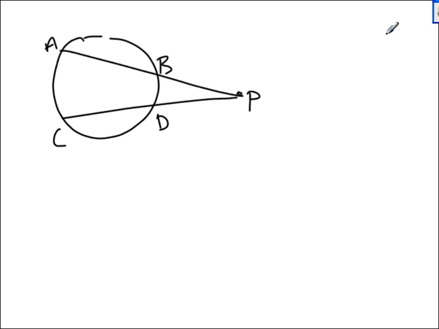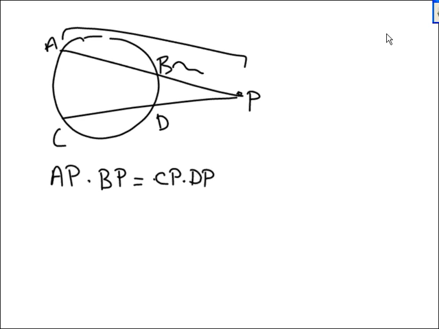Always deal with P. AP times BP is equal to CP times DP. The long one to the short one.